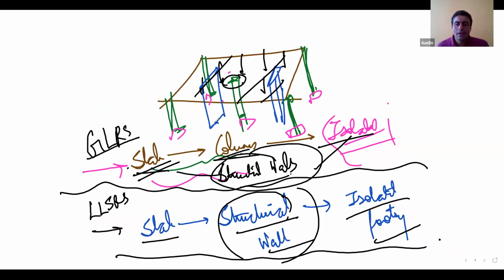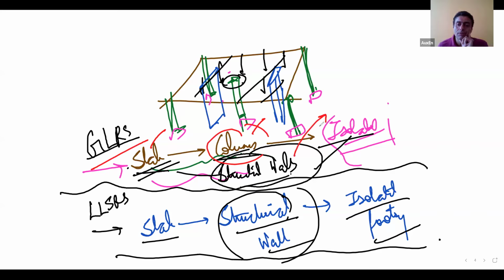Similarly, if I had this slab beam, slab column shear wall system for gravity loads, my slabs will develop flexure and shear. Columns will develop axial forces, biaxial bendings and shear.